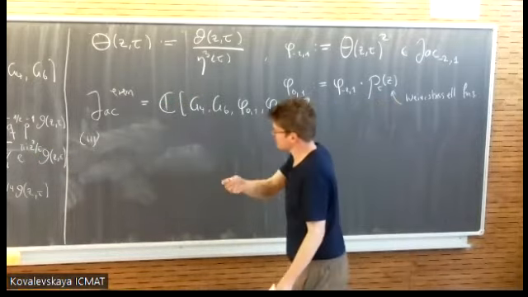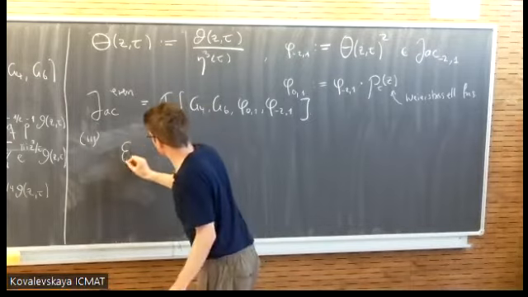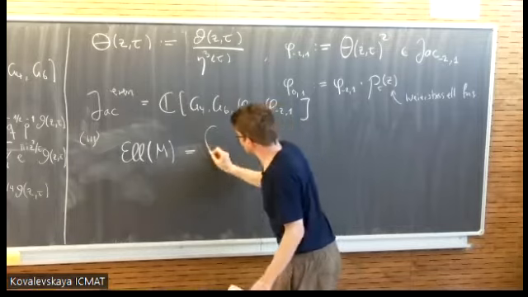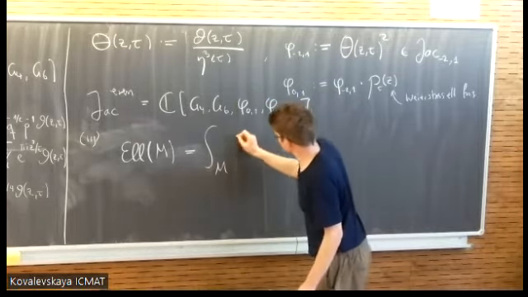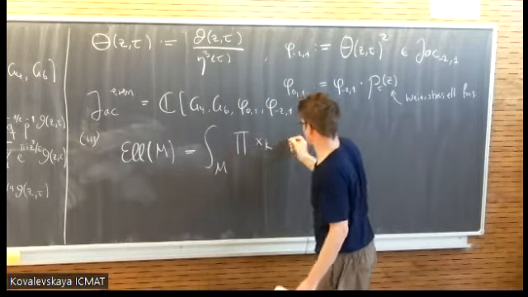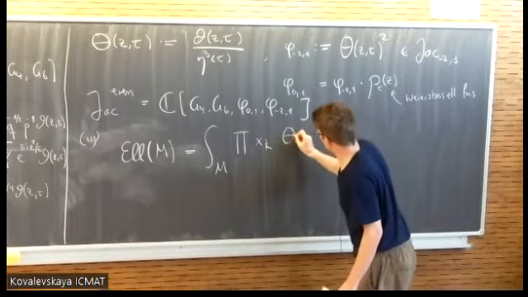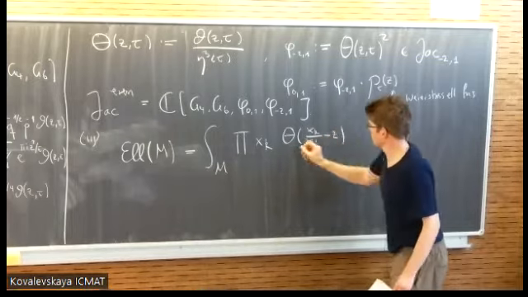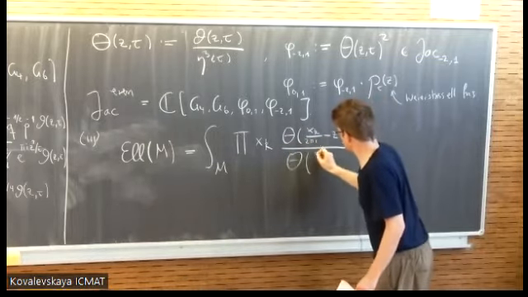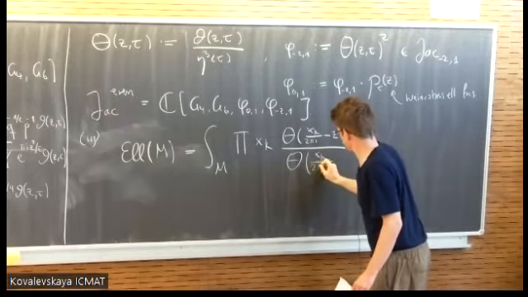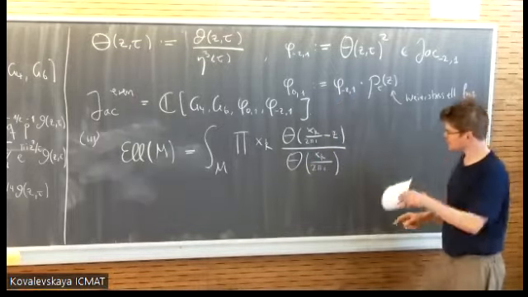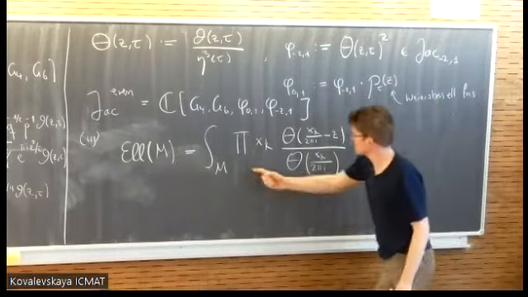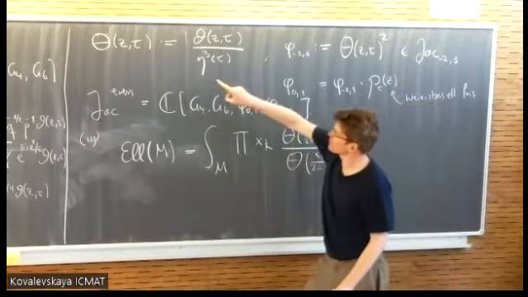The third thing is the relationship to the elliptic genus that we saw yesterday, which was defined essentially by the following thing. Here the x_k are the Chern roots of your complex manifold M, and theta is this function.